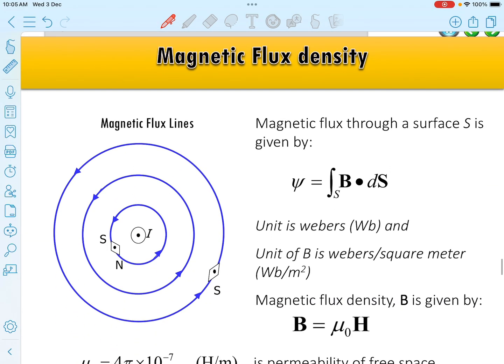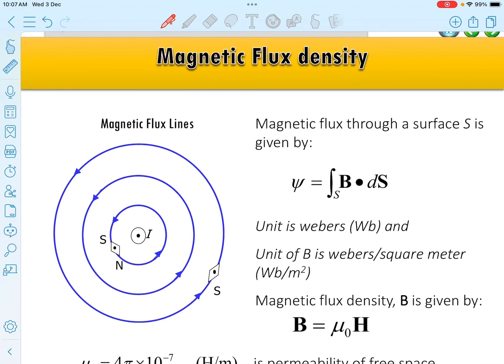Now I'm going to introduce a new term, the magnetic flux density. If you remember, we talked about electric flux density before in chapter 1. This magnetic flux density concept is similar to the electric flux density. We all know that a magnetic field can be generated when you have current.